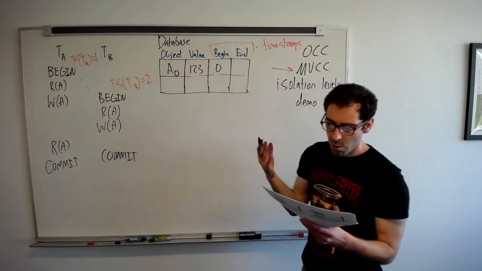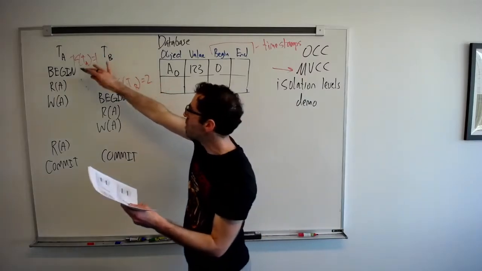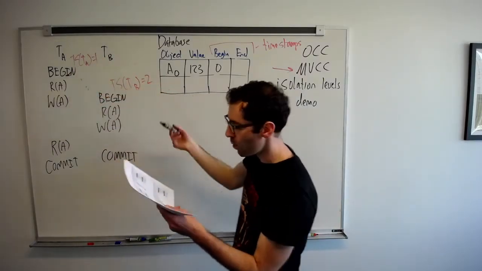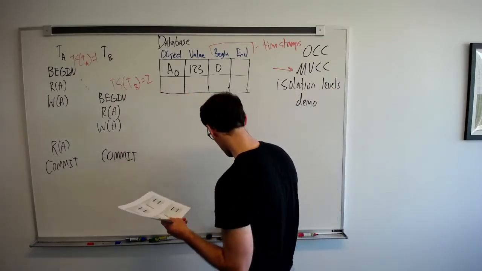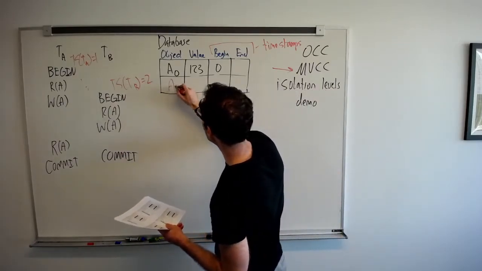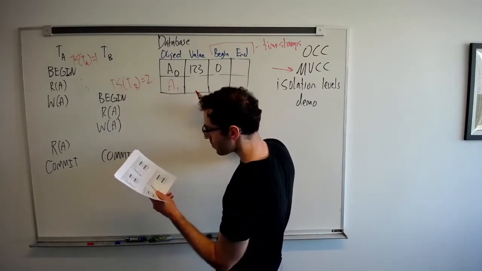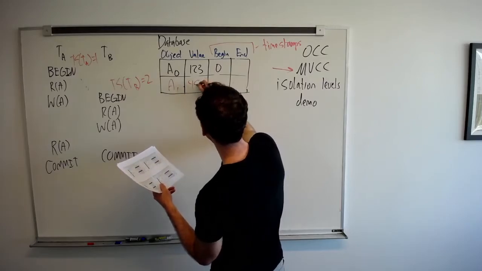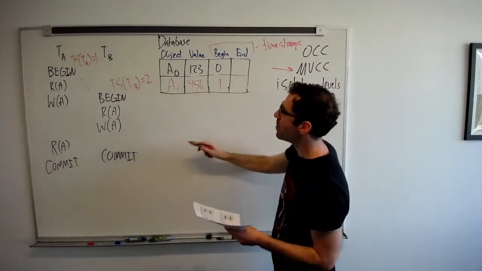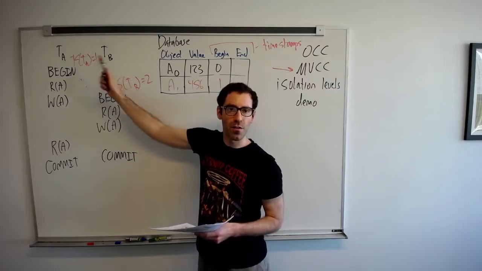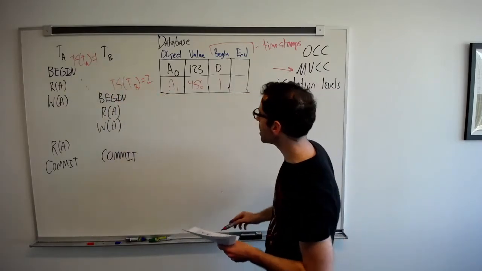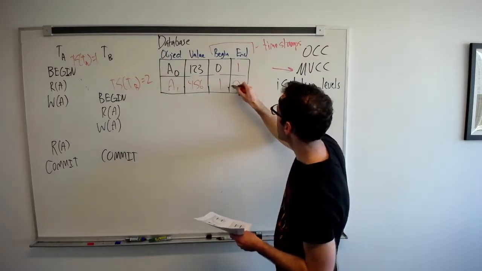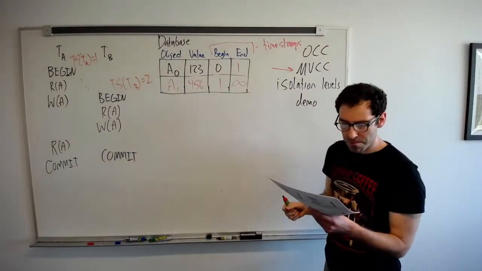And so what will happen now, we're going to begin our transaction A, timestamp of 1. We read and write A, and all right, we are going in a new version, A1. It's 456. And it begins at 1 because that's the timestamp of transaction A that just did this write. And so we'll set the end of our first version to 1 there.